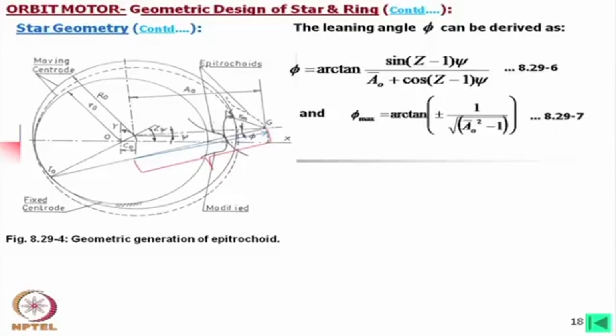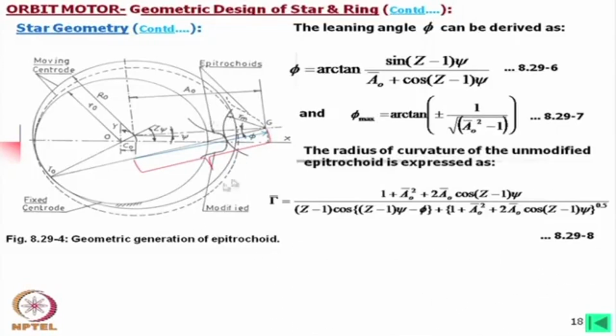This will vary and move in this direction, and also in this direction. Now, at each and every moment we have to find the radius of curvature of this one, because this Rm should not be greater than this value. If it is greater than this value, then a feasible curve will not be available. So, at each and every moment we have to calculate this radius of curvature, which is given by this one.